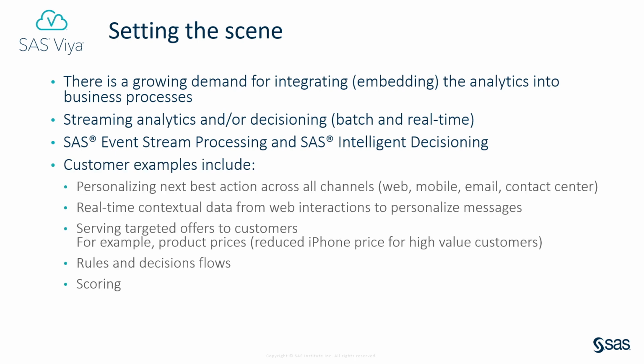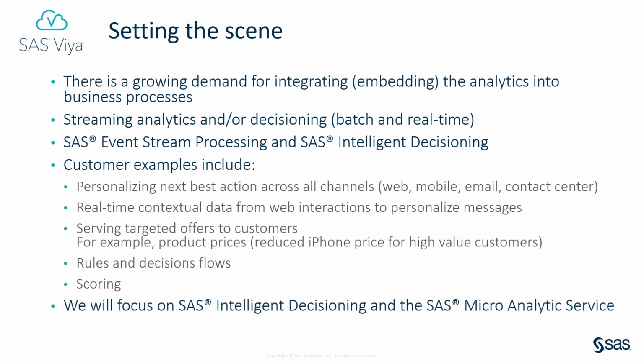Some customer examples of applying these solutions include personalizing next best actions across all channels, real-time contextual data for web interactions to personalize messages, serving targeted offers to customers, for example discounts to high-value customers, and embedding rules in decision flows or scoring. We will focus on SAS Intelligent Decisioning and the SAS Micro Analytic Service in this video.